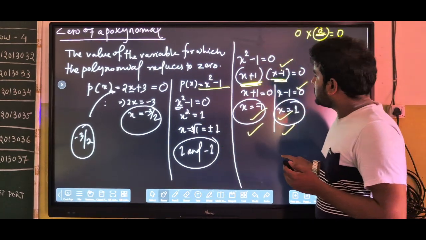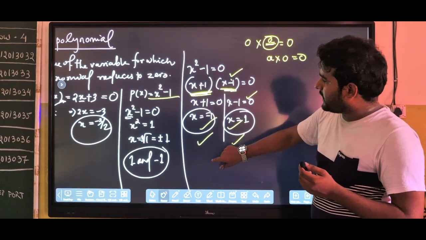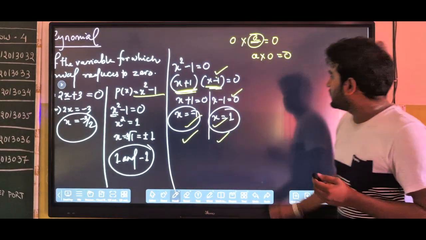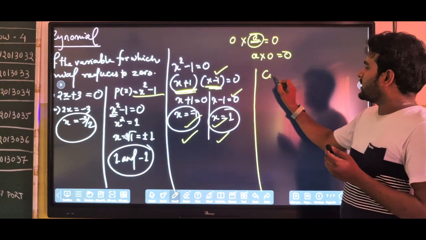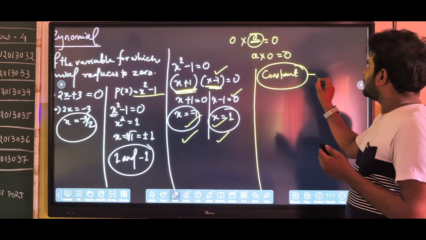So there are special polynomials I have already written. I know that a constant polynomial is also there.